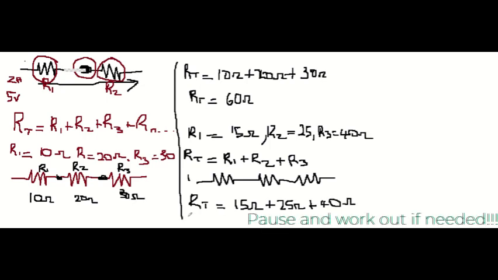What do you think the total resistance value will be? So we have 15 plus 25 will give us 40, plus 40 will give us 80. So the total resistance for this circuit is 80 ohms.